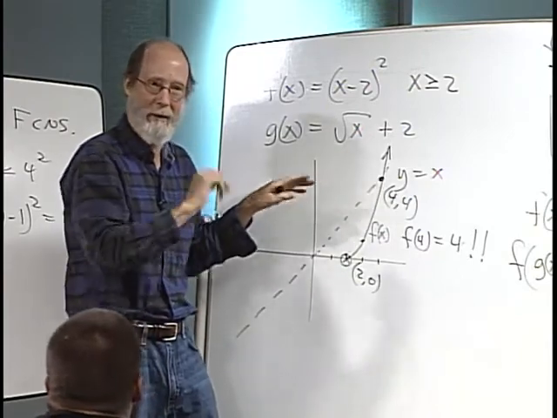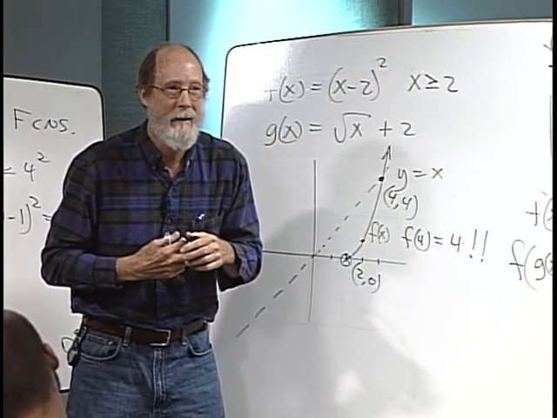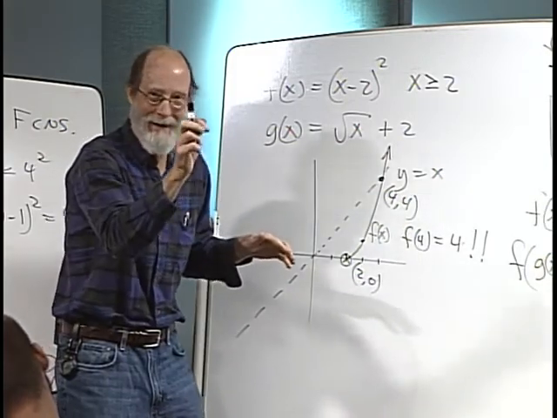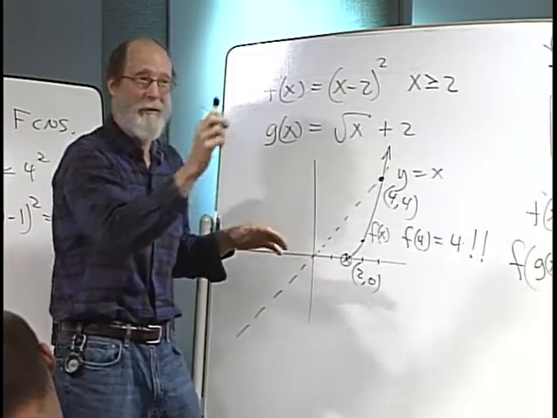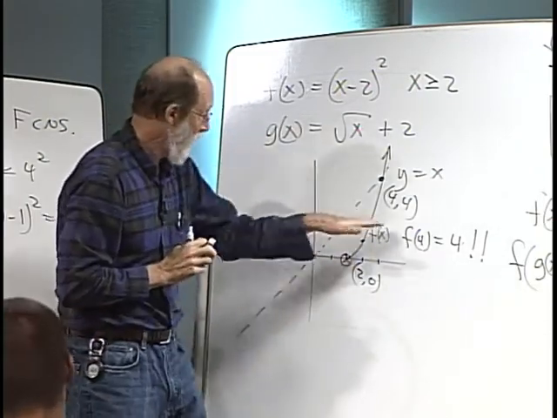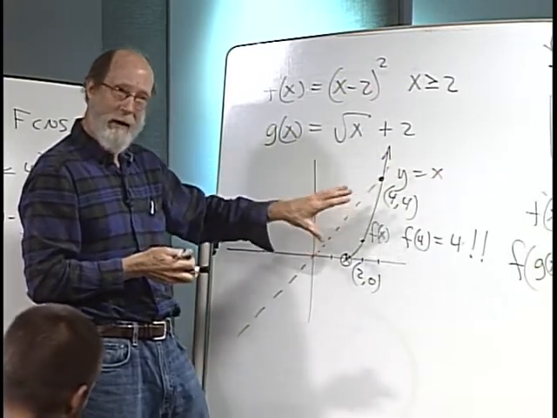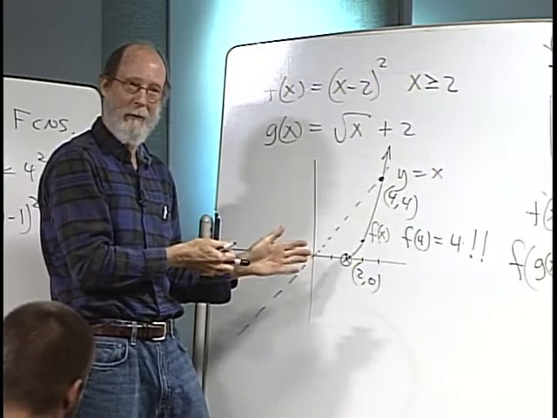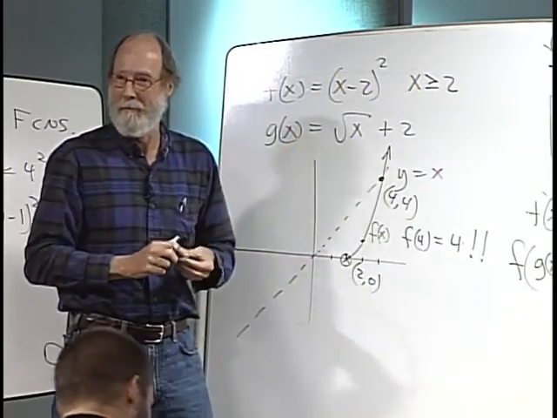Now that's pretty slick, because what happens when we form an inverse? It's going to pass a vertical line test. If this thing passes a horizontal line test and we form its inverse, the inverse will pass a vertical line test, which means that inverse will be a function.